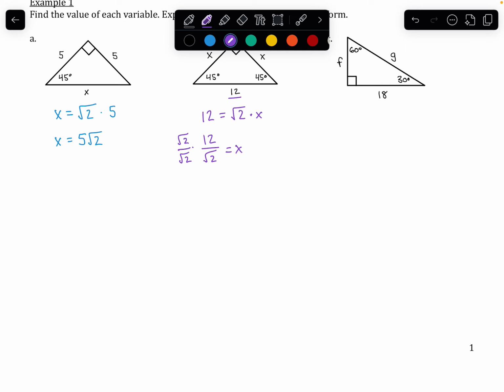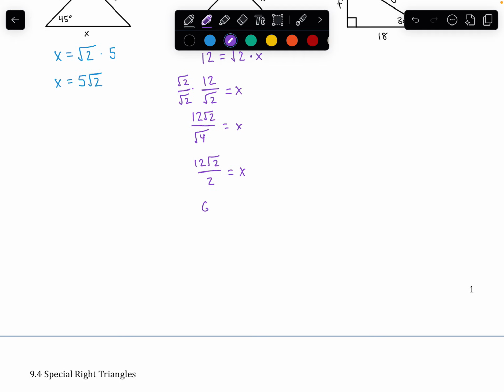Square root 2 times square root 2 is going to be square root 4 over 12 square root 2, which equals x. The square root of 4 is going to be 2. And 12 divided by 2 is 6. 6 square root 2 equals x.